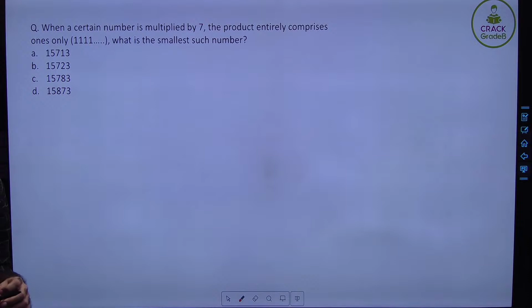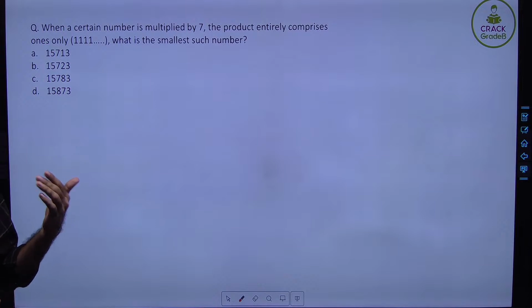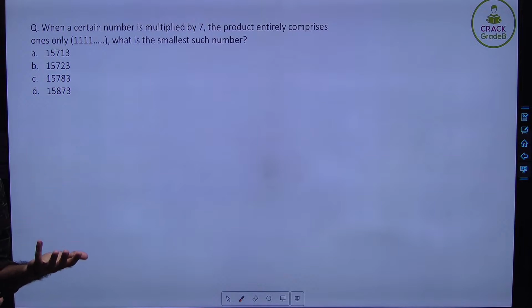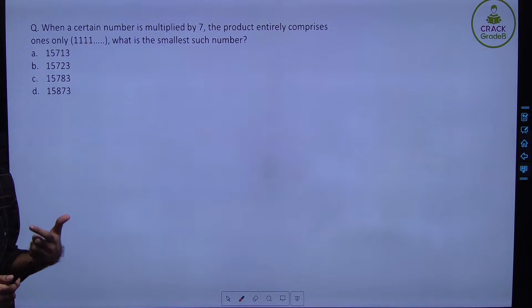Remember the divisibility rules. If you just solve a few questions based on the divisibility rules of 2, 3, 4, 5, 6, 7, 8, 9, 10, 11, 12, 13, trust me, you will be able to retain all of these rules.